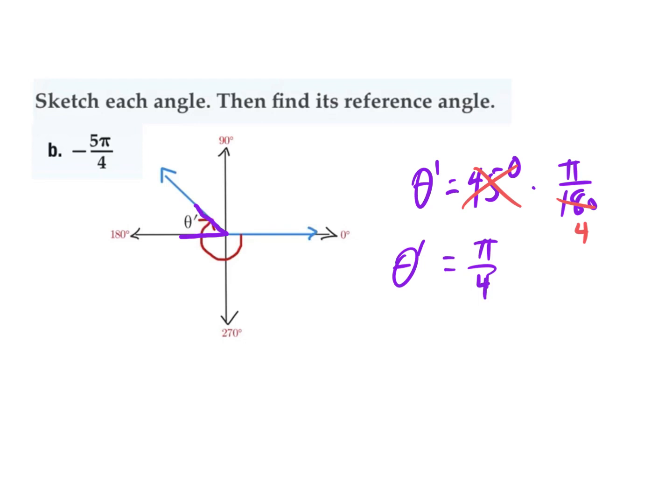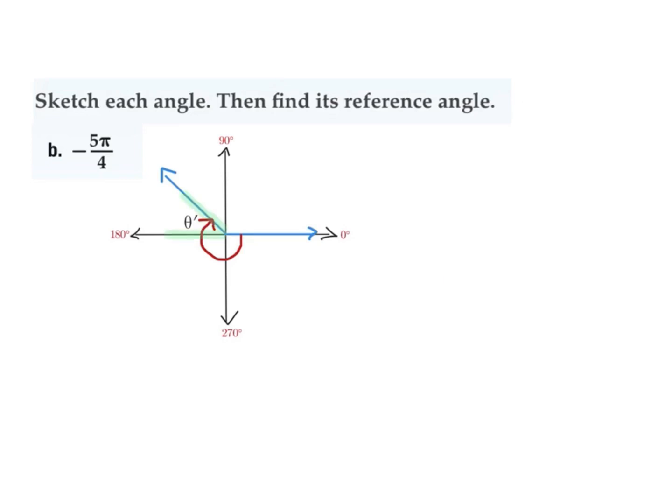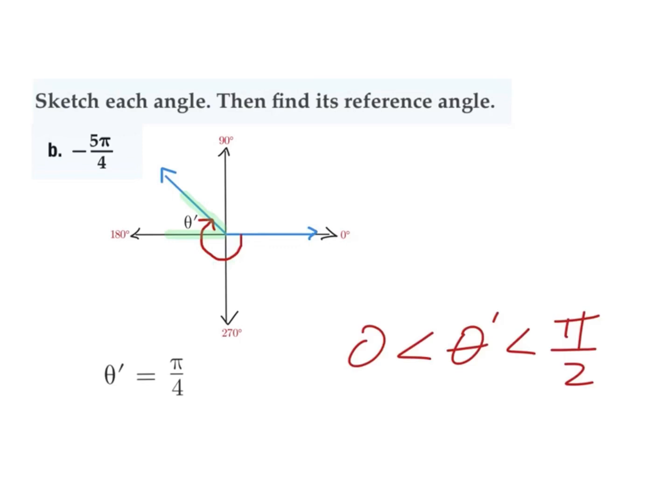Just keeping in mind that this is the reference angle in radians. I know we talked about acute angles being between 0 and 90, which in radians means between 0 and pi over 2.